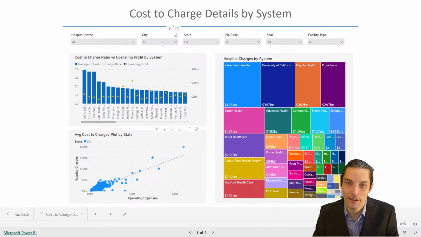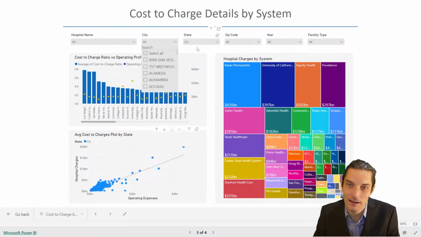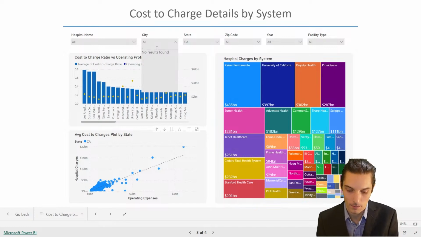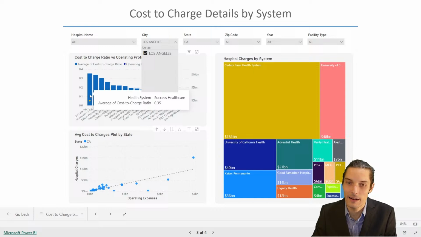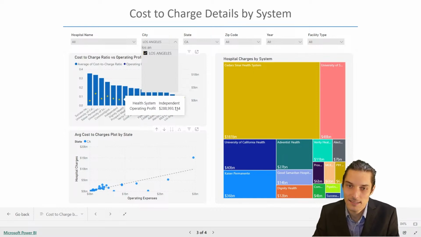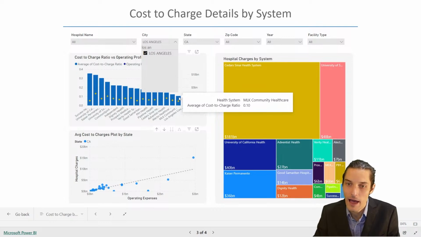Likewise, if you want to look at a specific city within California, you could look at Los Angeles, for example, or you can look at LA as far as a city is concerned. If you live within LA, then your cost to charge ratios for Success Healthcare versus MLK is quite different.